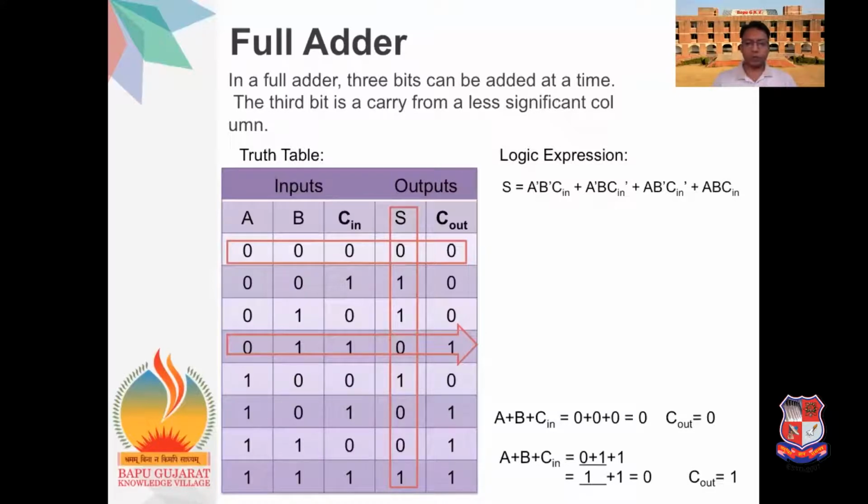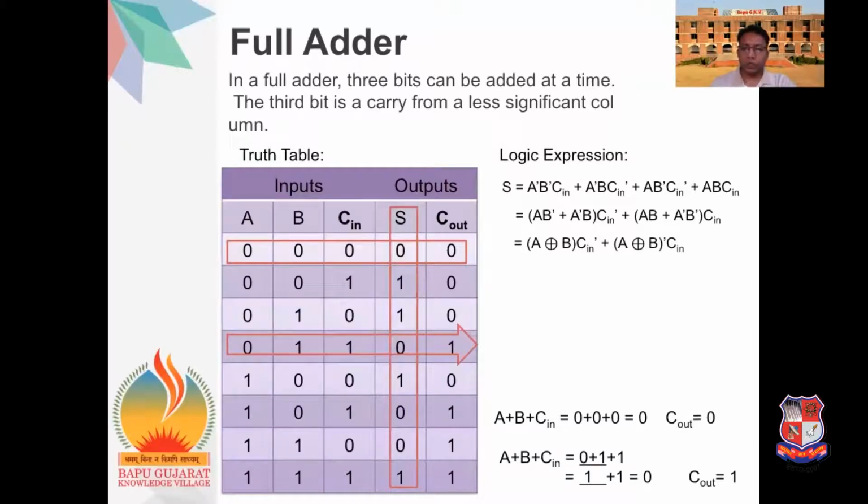Cin. From these expressions, in the first, second and third terms we get the common Cin', and in the first and last terms we get the common Cin. Now in the first term, A B' or A' B represents the XOR gate, and in the second term, A B or A' B' represents the XNOR gate, the complement of the XOR gate.